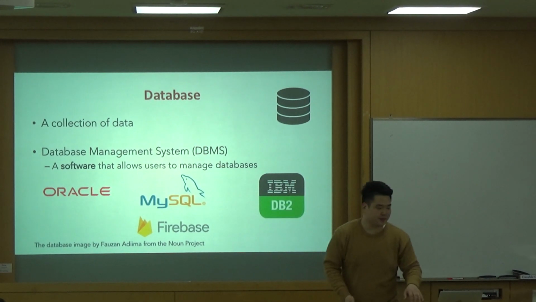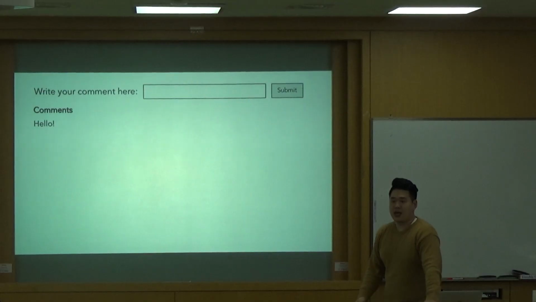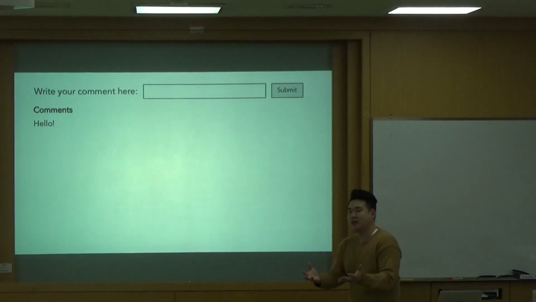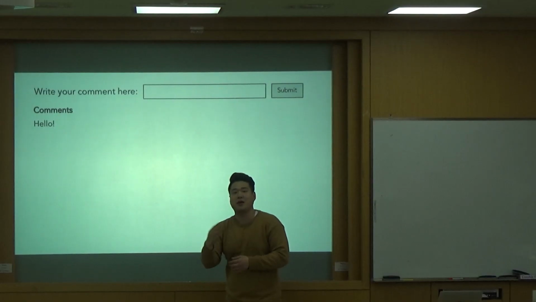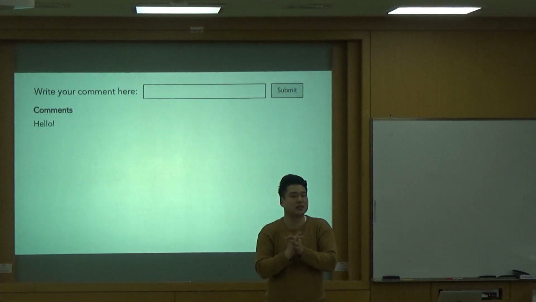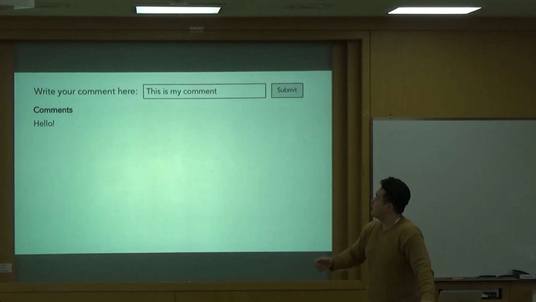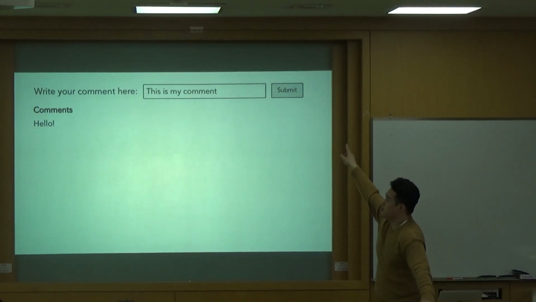All right. So here's our example. So let's say we already built this website with HTML and JavaScript without any database system, all right? Then what's happening here is that the user puts some comment here. This is my comment, and clicks submit.